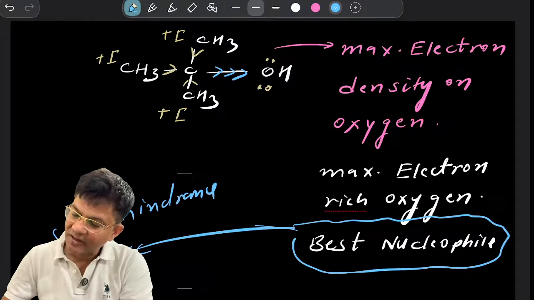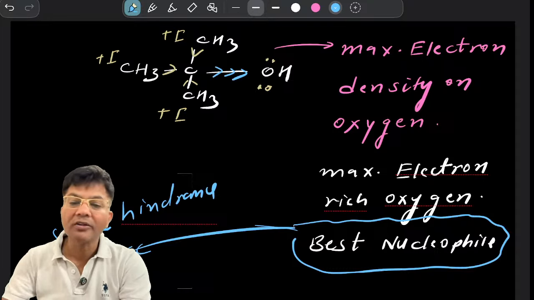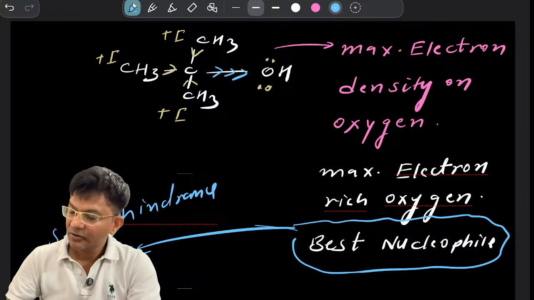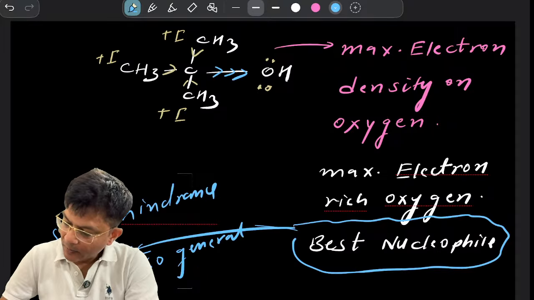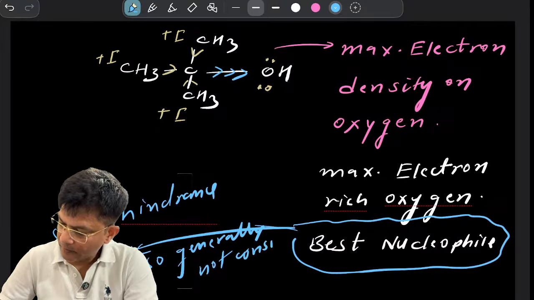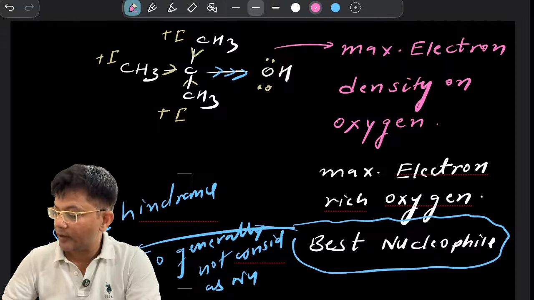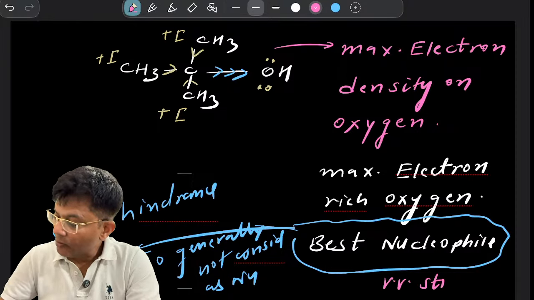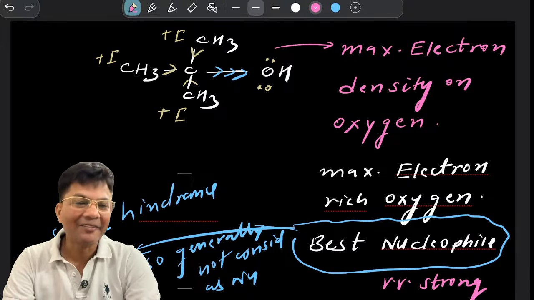It is not employed as a nucleophile, so generally not considered as a nucleophile. But yes, very strong base.